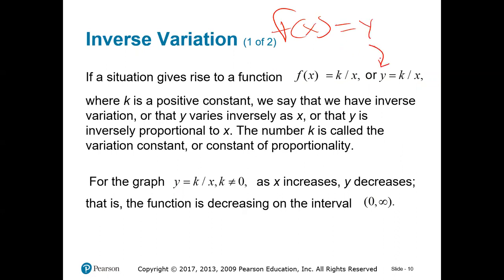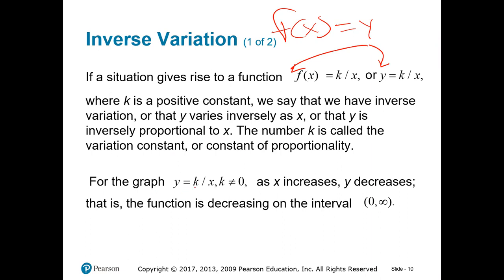So the notation, either one is correct. Where k is a positive constant, we say that we have inverse variation, or that y varies inversely as x, or that y is inversely proportional to x. The number k is called the variation constant or constant of proportionality.